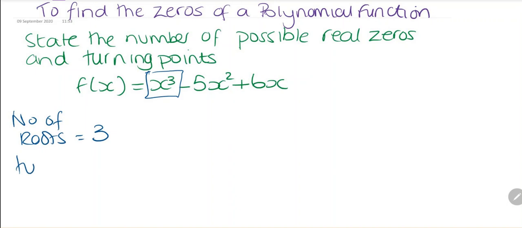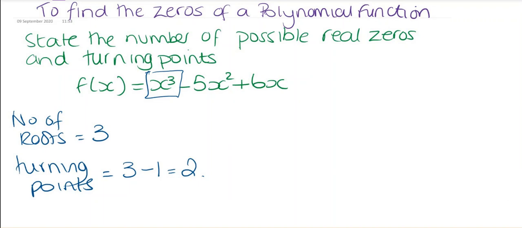Now the turning points, we know this is n minus 1. So if the leading degree is 3, we minus 1, so this is going to be 2. This is the maximum number. It is possible to have less, but you cannot have more.